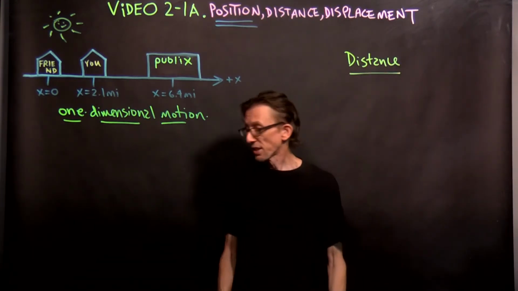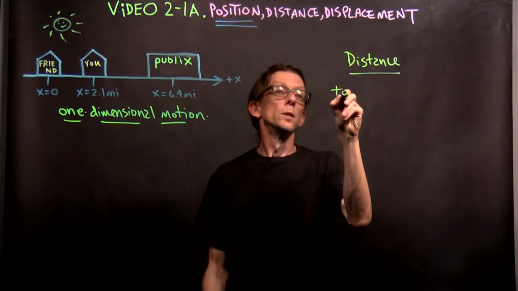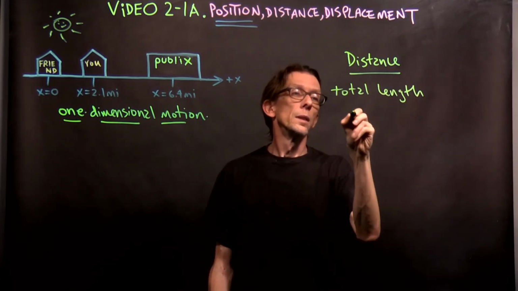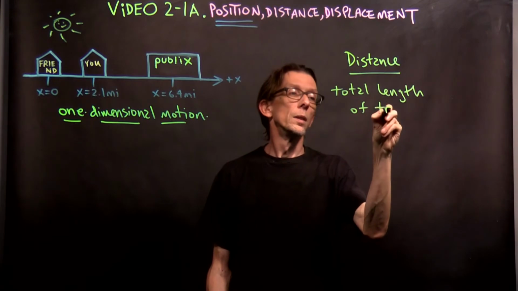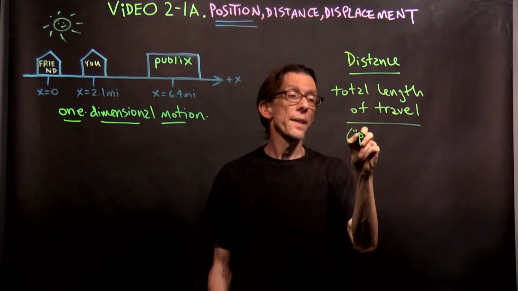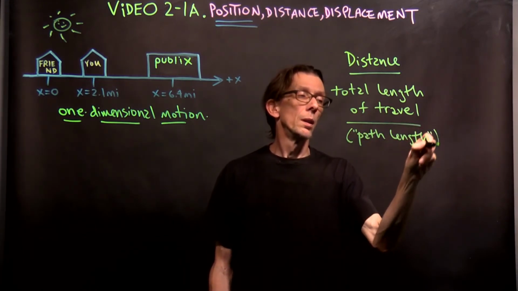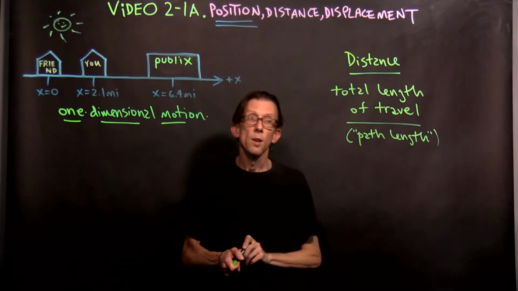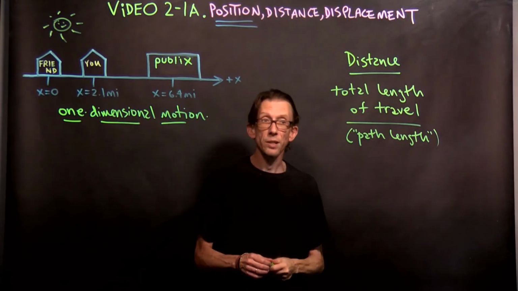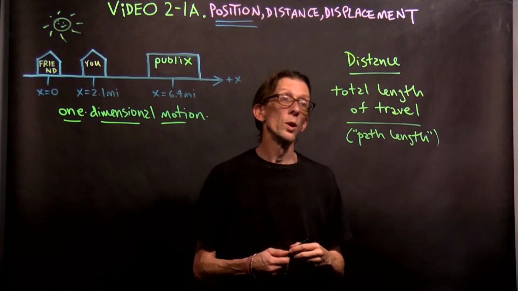Distance is defined by our textbook as basically total length of travel, sometimes simply called path length. Total length of travel. I can't use the word distance, that's what we're defining. But distance is defined as the total length of travel.